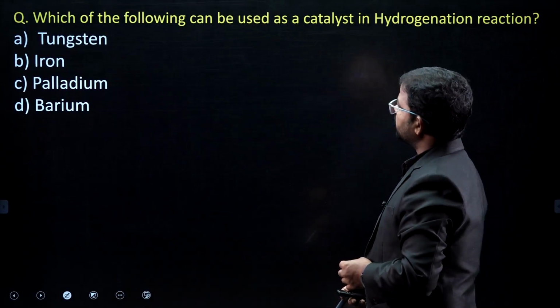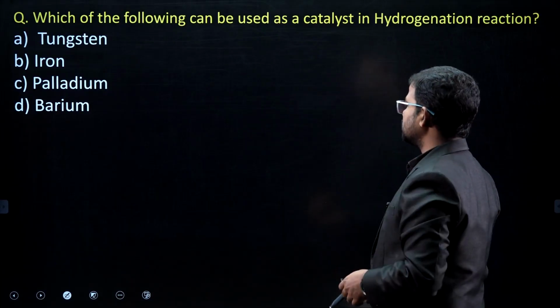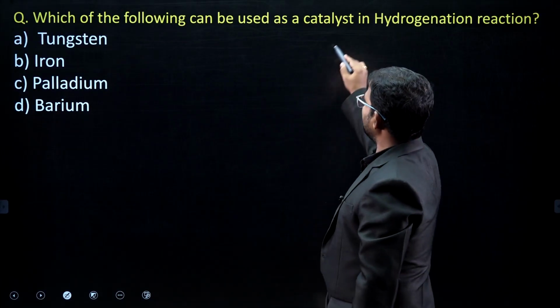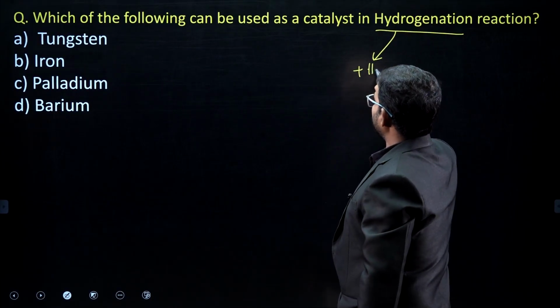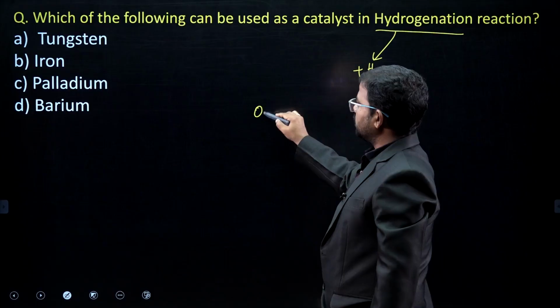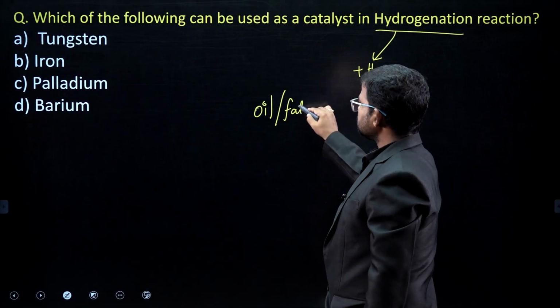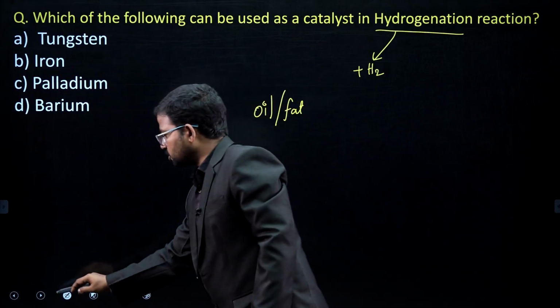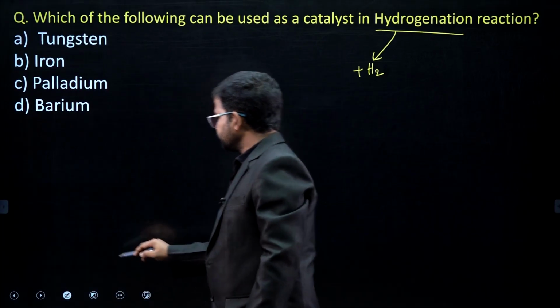Next, which of the following can be used as a catalyst in hydrogenation reaction? Hydrogenation means nothing but addition of hydrogen. If you consider oil, how can we convert it into fat?